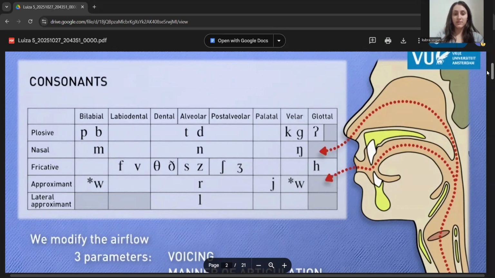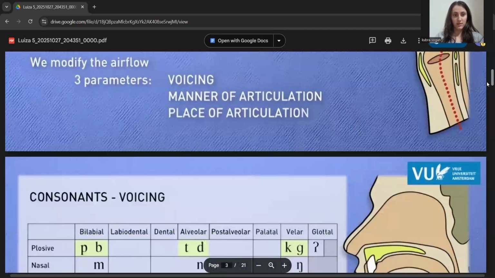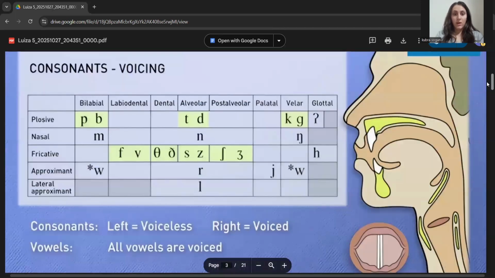To describe this, we look at three parameters: voicing, manner, and place of articulation. So let's begin with voicing. So the first speech organ that the airflow meets is the larynx, which contains the vocal folds, also known as vocal cords.